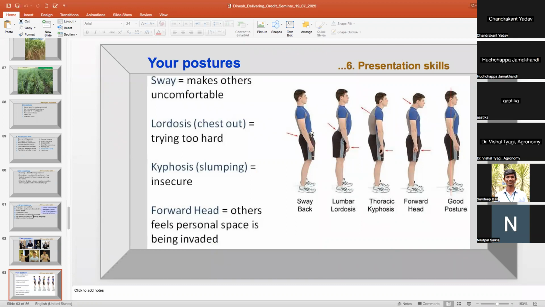It just makes others uncomfortable. You're just leaning back. And here, lumbar lordosis. Here you are just extending your chest out. Here next is thoracic kyphosis, head forward. No, the best is that you should stand straight. This is the good posture. Never bend behind or forward.